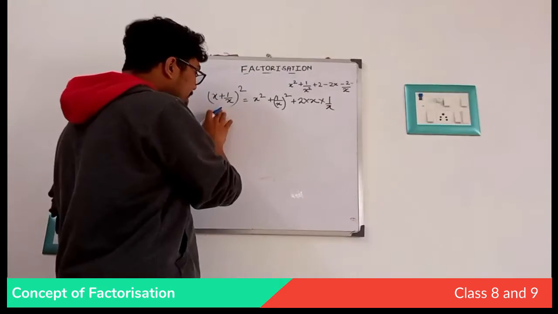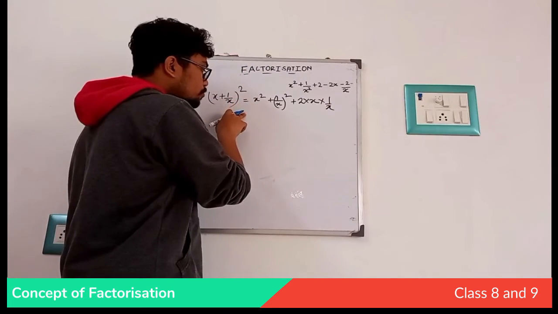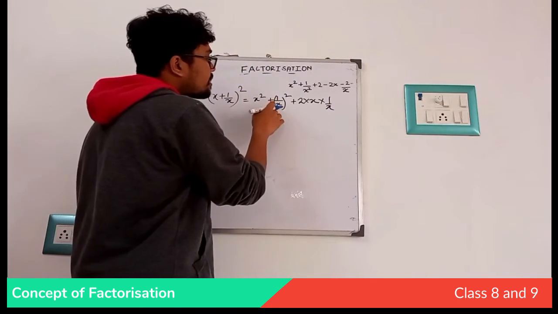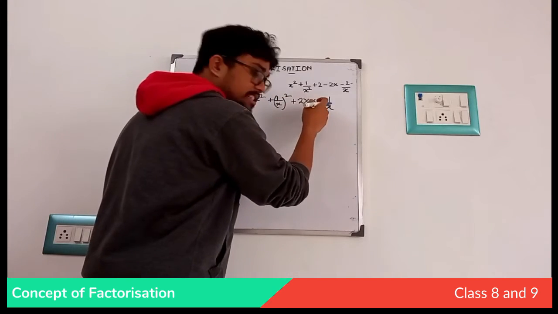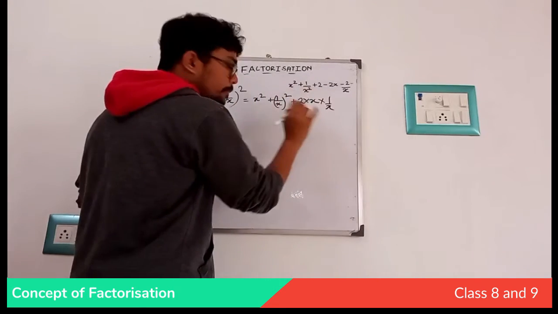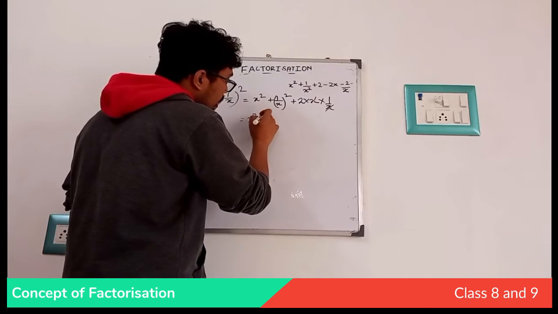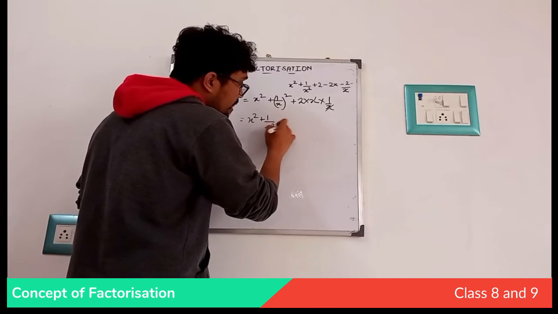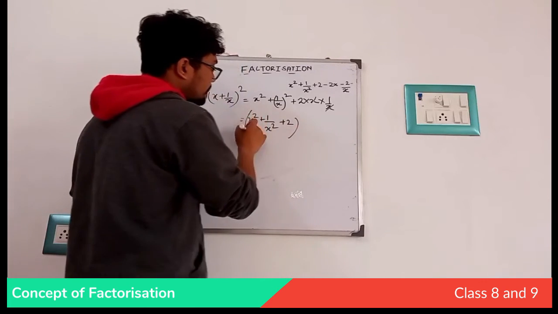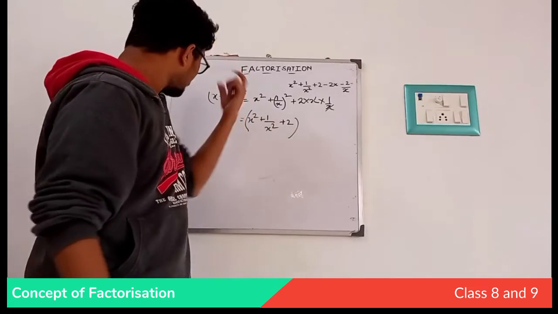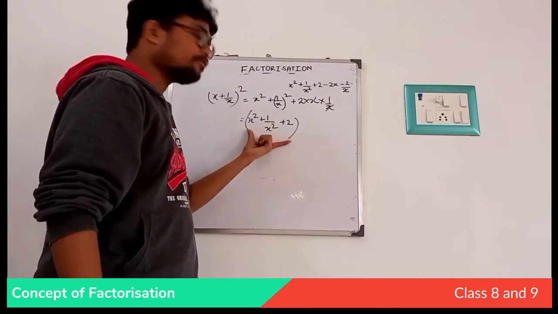So (x plus 1 by x) whole square equals x square plus (1 by x) square plus 2x into 1 by x. Now x cancels, so we have x square plus 1 by x square plus 2. So from (x plus 1 by x) square we have this term.